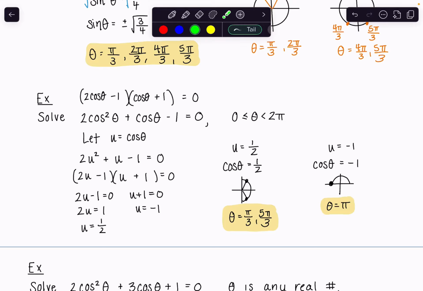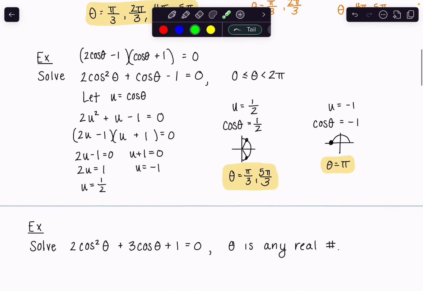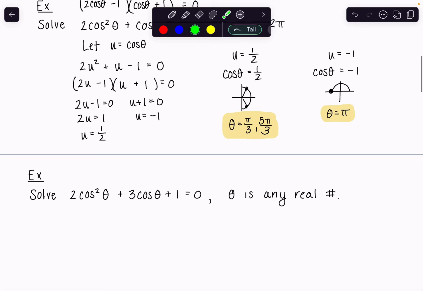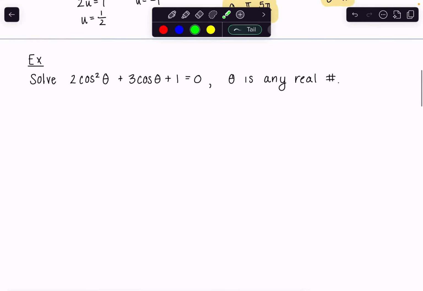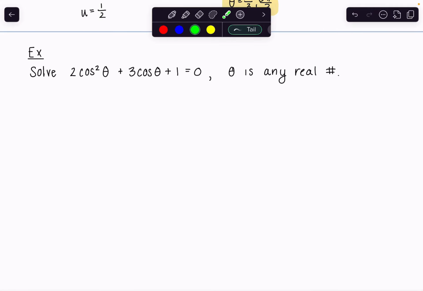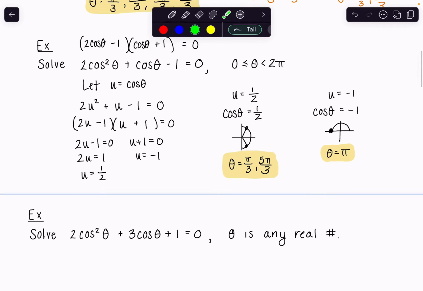Okay. Let's try some other types of examples now. Let's solve this equation where theta is any real number, okay? So because of this, if I made that restriction in the last case, or if I didn't have this, theta could be anything. This basically just gives me a starting point, okay? So this angle works, but so does any time I land back on that.